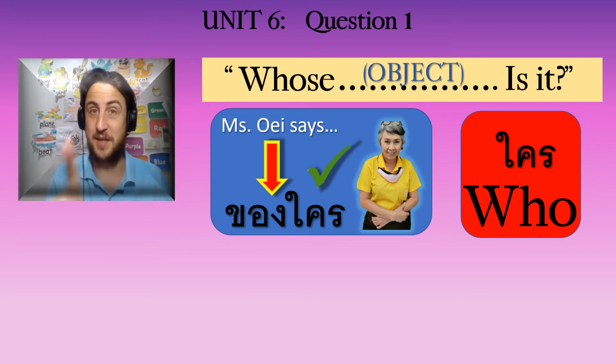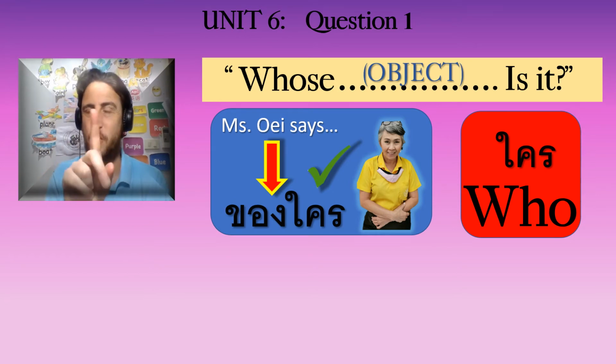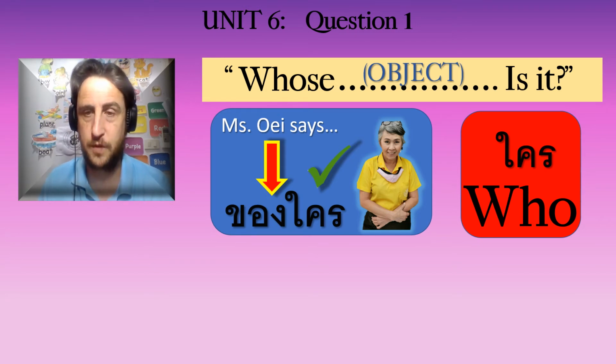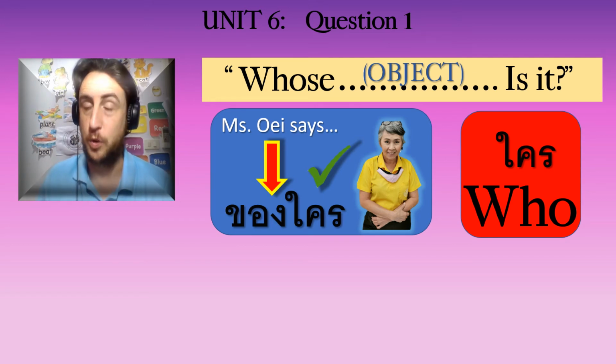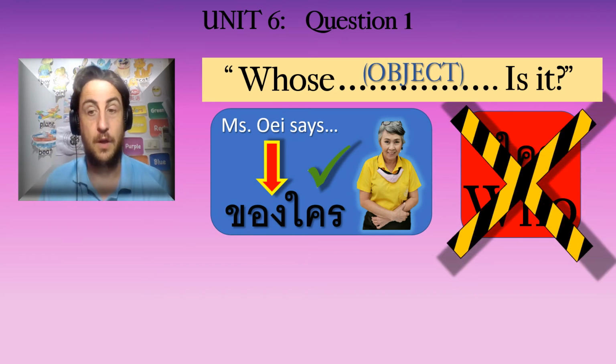Not the same. Who means "who", not "of whom". They are not the same. Okay, look at the spelling. W-H-O-S-E, whose. W-H-O, who. They are not the same. Okay, you've got to remember this. Let's have a look at something else. Oh, there we are. Definitely now we know that this is not what we are using in this unit.